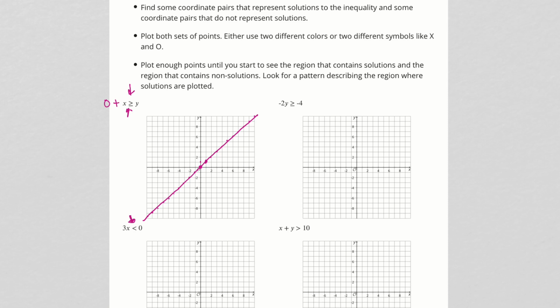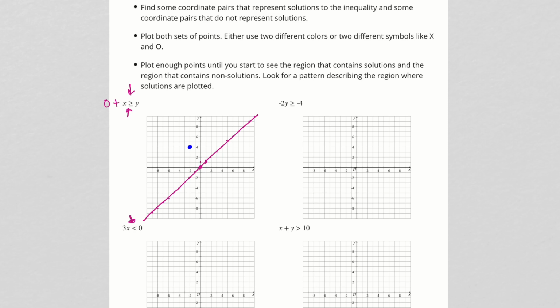In this case, it's going to be to the top left or to the bottom right. Okay? So if we plug in some points, here's where they're talking about picking some points. So let's do 4, 2. And I'm going to do 4, 2 in blue.